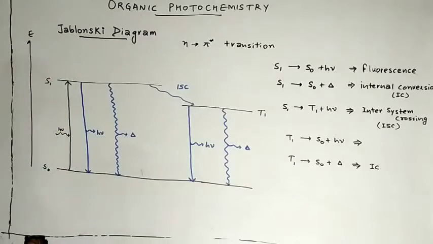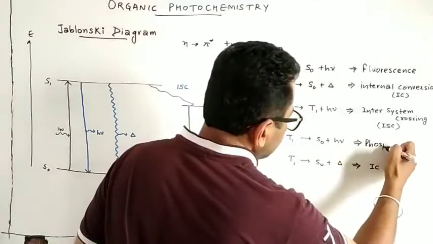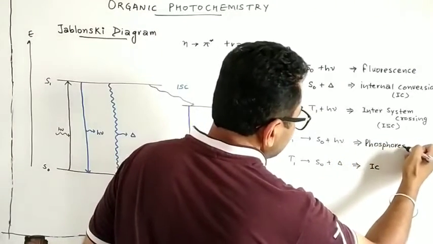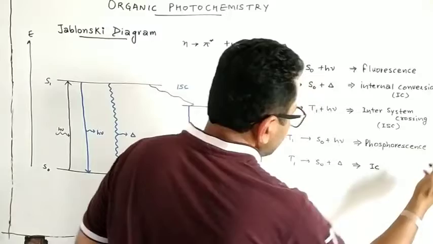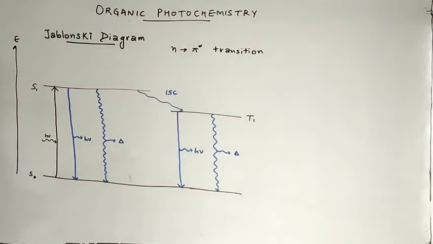And when it emits light, in this case, that is called phosphorescence. The process is known as phosphorescence. So these are the various types of transitions: phosphorescence, internal conversion, and ISC, intersystem crossing.